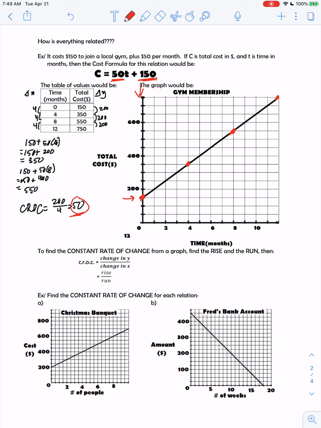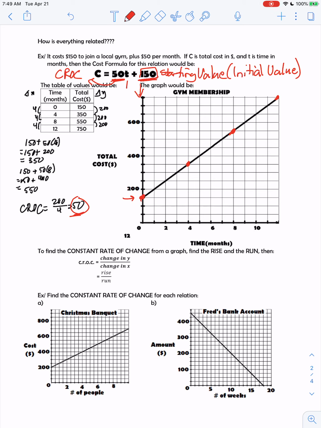That's your 50. This number here, that's your starting value. We also sometimes call that the initial value.